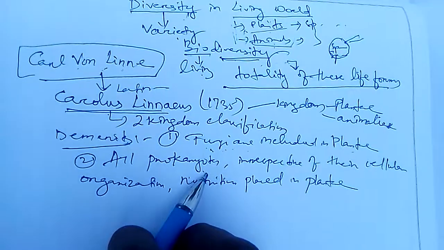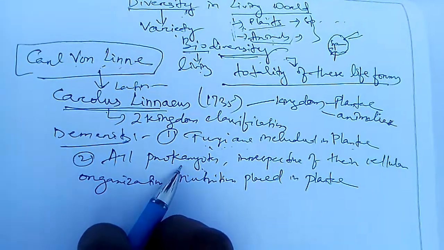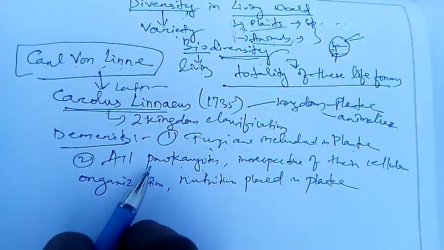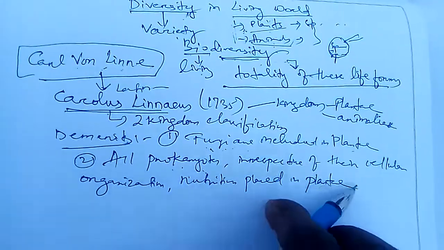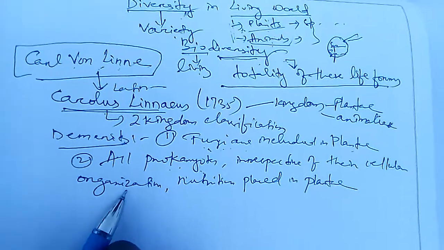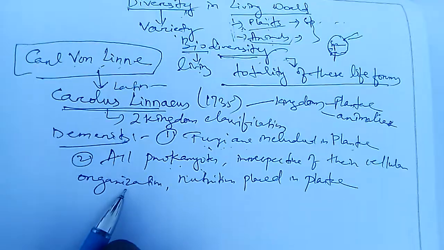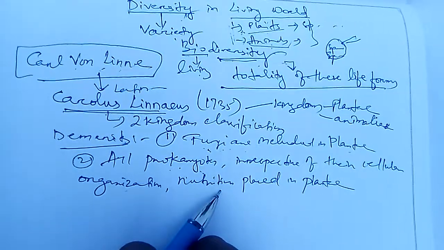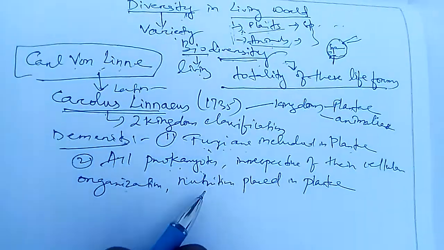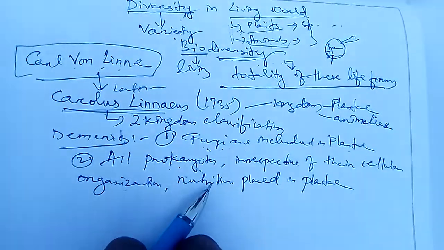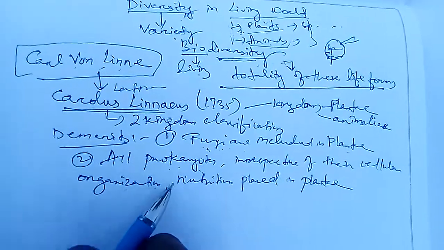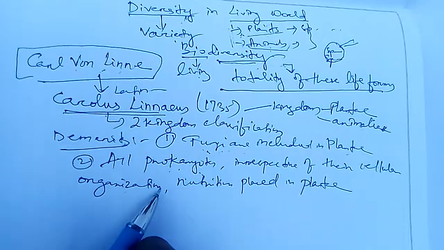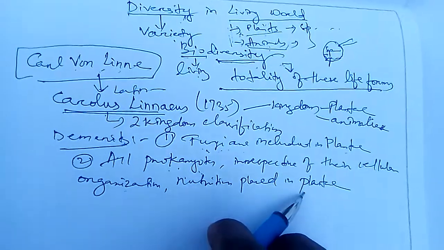We know what prokaryotes and eukaryotes are. Irrespective of cellular organization, whether they are multicellular or unicellular, and nutrition, whether they are autotrophic and prepare their own food or heterotrophic and depend upon others for food, they were all placed in Plantae.